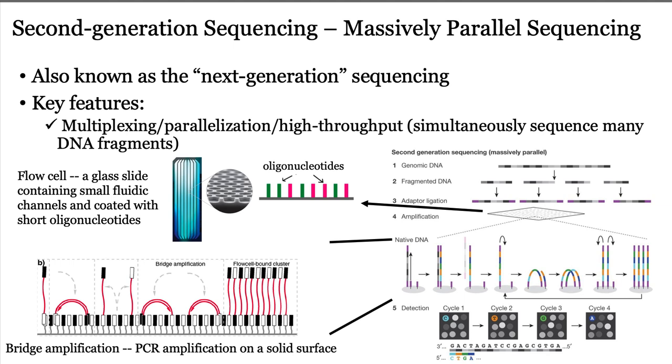This is only the information from one well, and on each flow cell, there are many of those tiny wells. So you can imagine each well is one sequencing reaction. You can have many sequencing reactions happening at the same time.